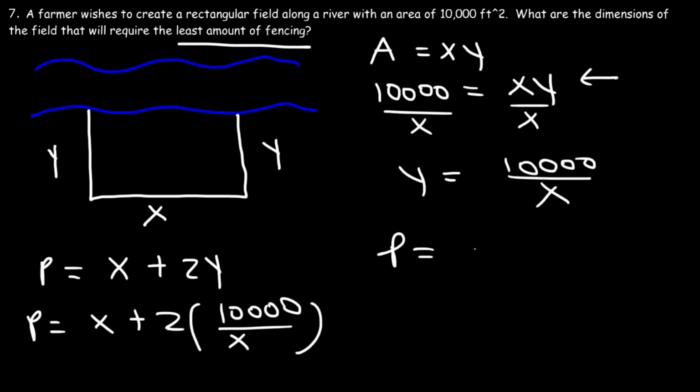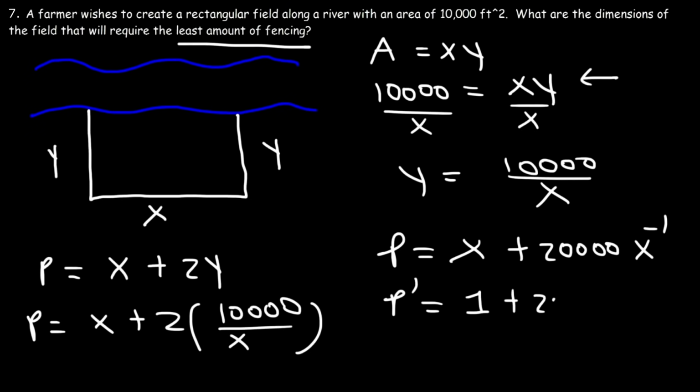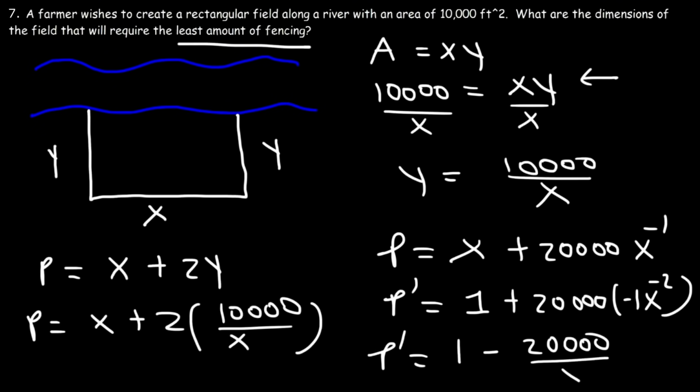So the perimeter is going to be x plus 20,000 times x to the negative 1. So now let's find the first derivative. That's going to be 1 plus 20,000 times negative 1 x to the minus 2. And then let's rewrite the expression. So we have 1 minus 20,000 over x squared. And let's set that equal to 0.